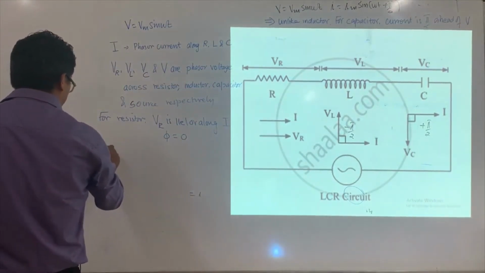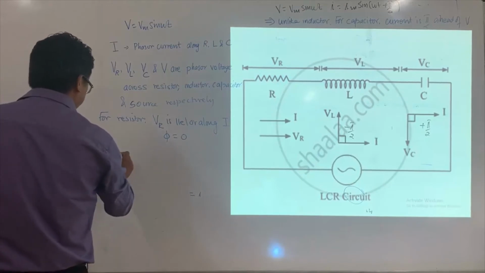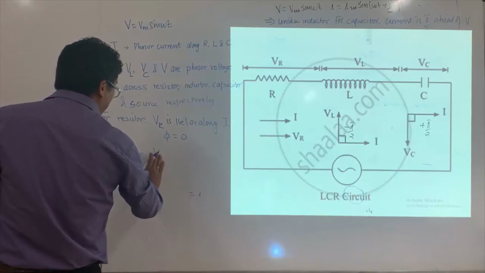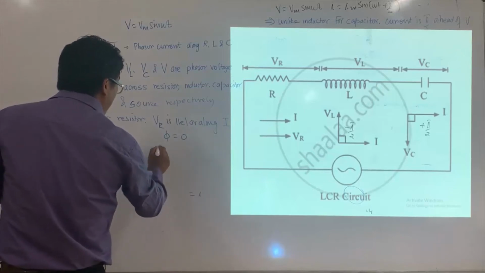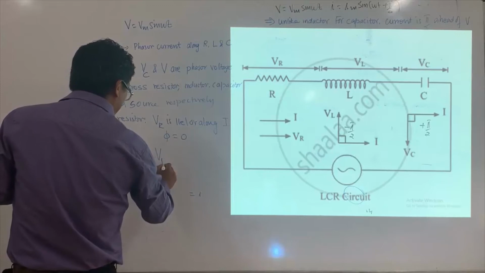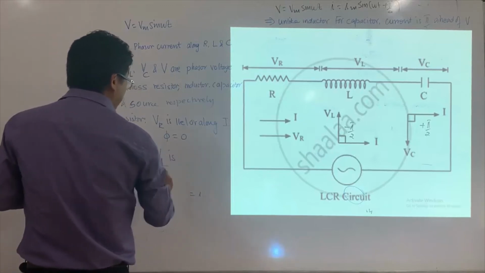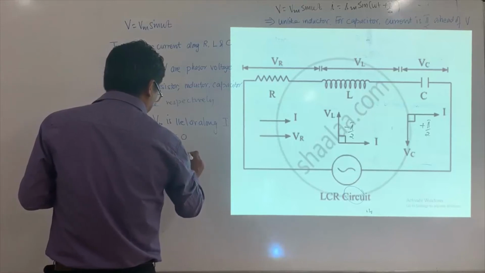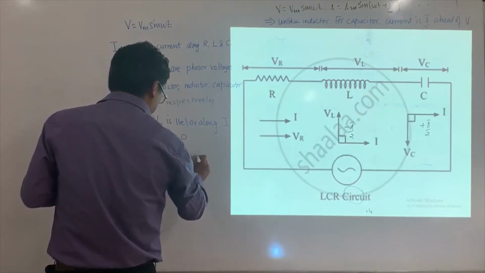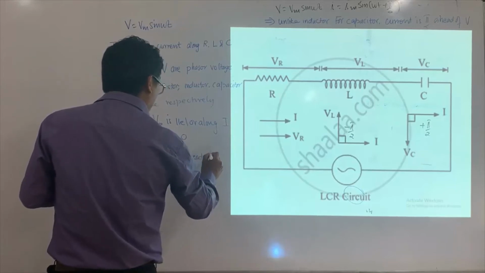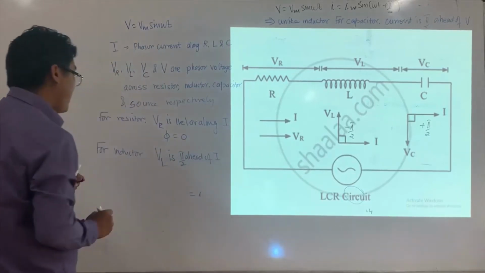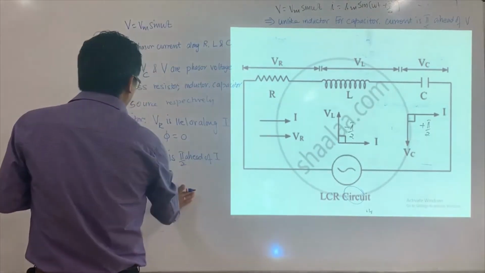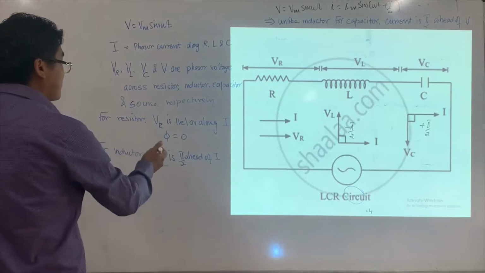Now for the inductor, VL is pi by 2 ahead of current. So therefore this is what we have, right?